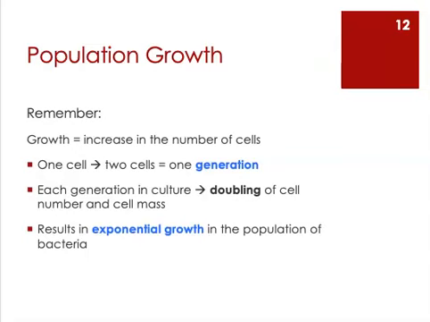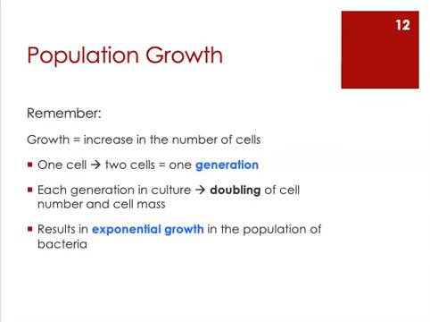And again, that's what we refer to as growth when we talk about bacteria. It's an increase in the number of cells in the population. One cell becomes two, two become four, four become eight. With each doubling, we talk about one generation passing, and the time it takes for that generation to pass is called the generation time.